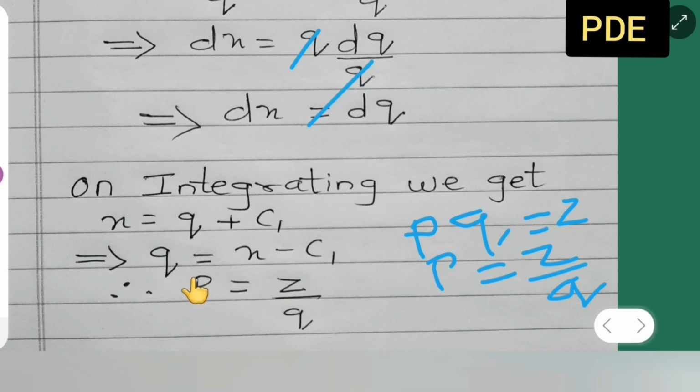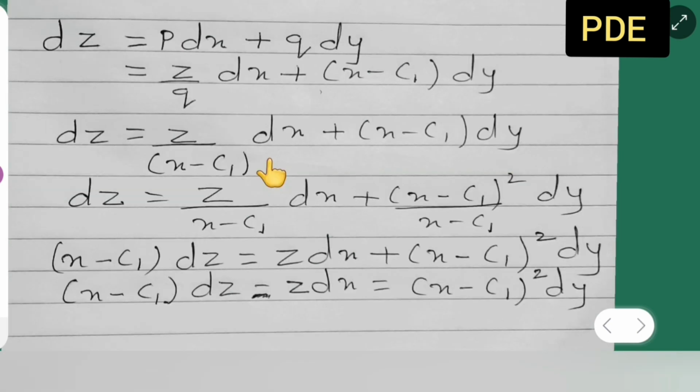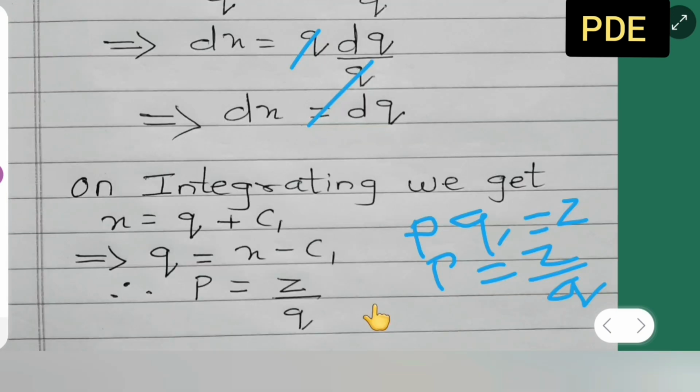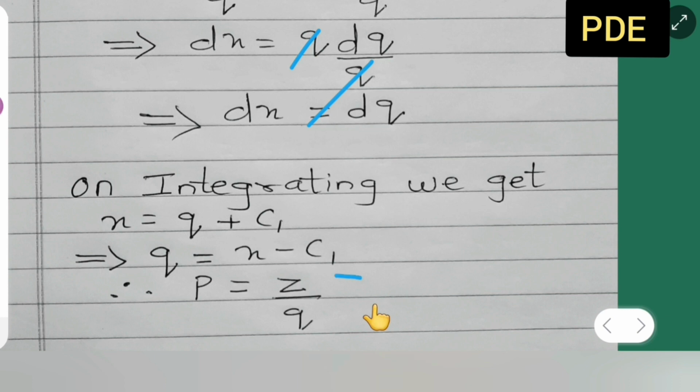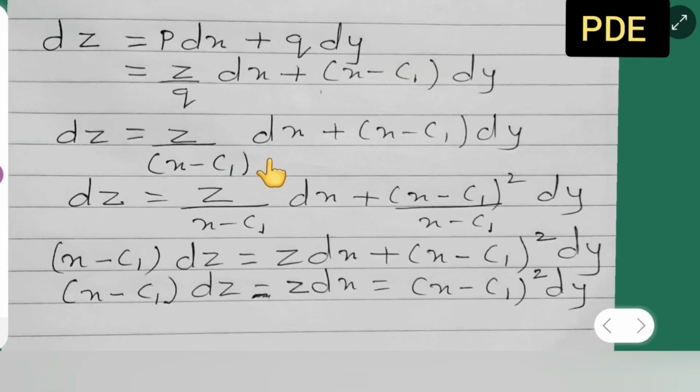Okay, now write down q is equal to z upon this value will come. Substitute, plug this value over here, okay. Now, next what I'll have to do is substitute this value of p and q, whatever you got, okay. Now finally this is going to be what? This is equal to z upon x minus c1, okay. And now turn the page.